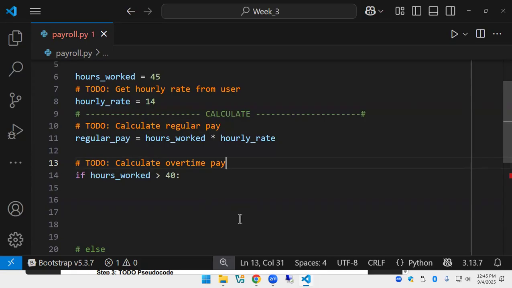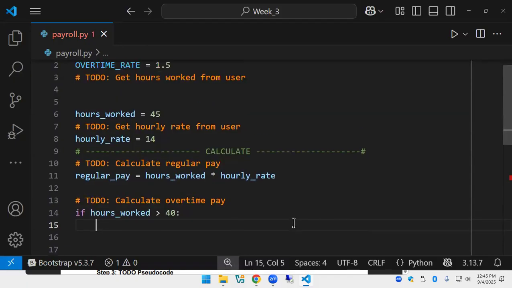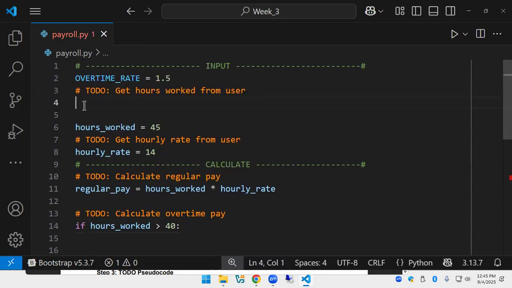I'm just doing it with code because I'm better at typing than I am drawing. So if the hours worked is over 40, we already know the regular pay, so that's out of the equation. The only thing we have to take care of is that extra 5 hours. So how do we take care of that extra 5 hours? What do we do? We have our constant of 1.5, right?